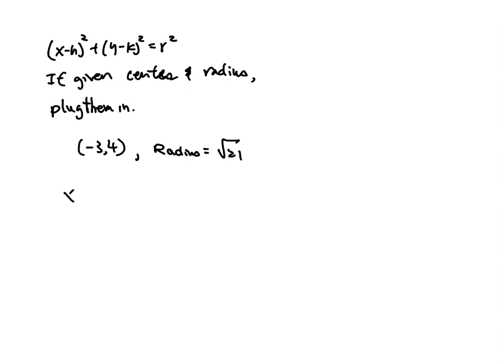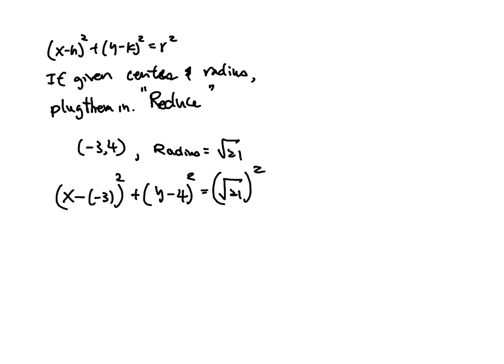So I have x minus negative 3 quantity squared plus y minus 4 quantity squared equals the square root of 21 quantity squared. Once we plug them in, we reduce a little bit.